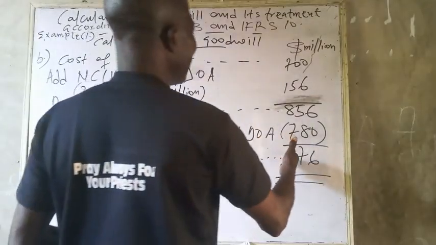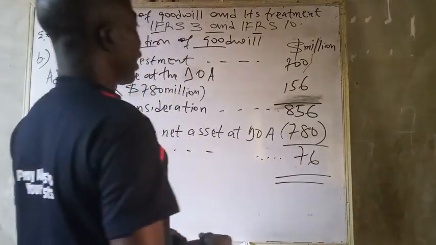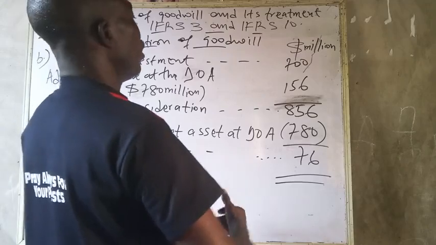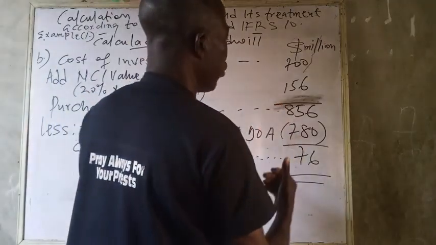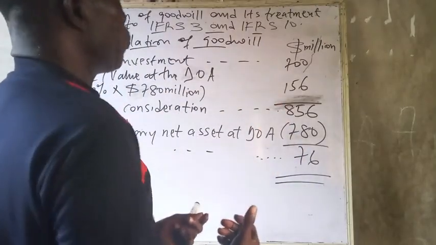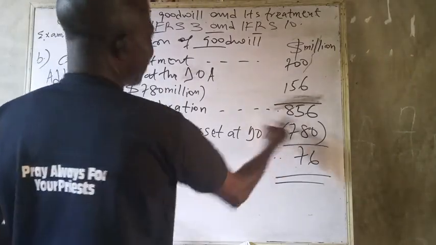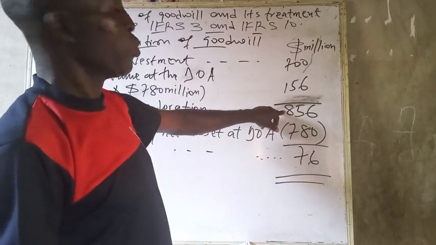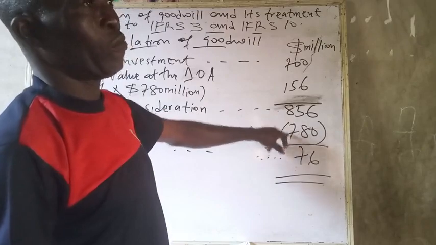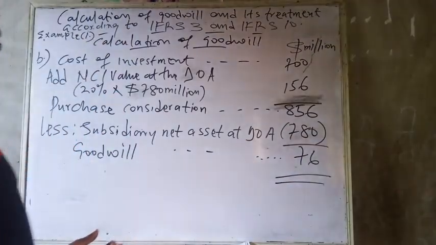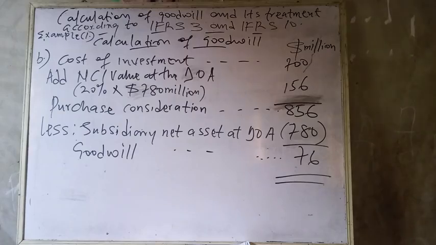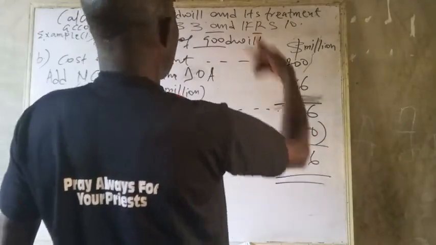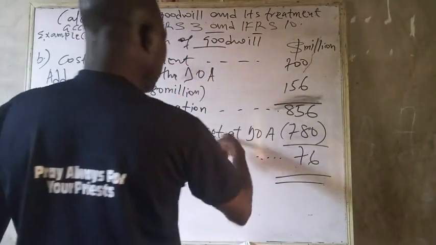And this means the company is performing. Because if the company is not performing, if we have to pay lesser, this figure will be smaller than this figure. In the first place, that is the essence of the parent company acquiring the subsidiary company.